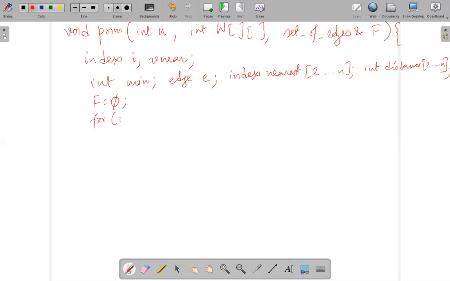First we initialize nearest i to v1, for all i's, and distance i is set to the weights of the edges from node 1 to all the other vertices. As we had already discussed.